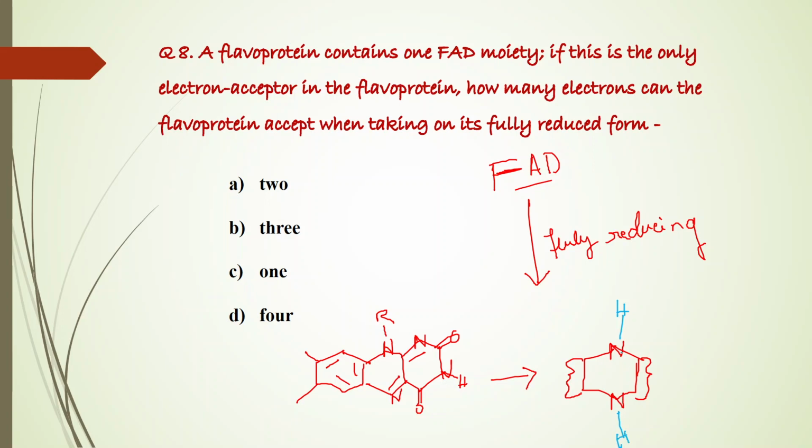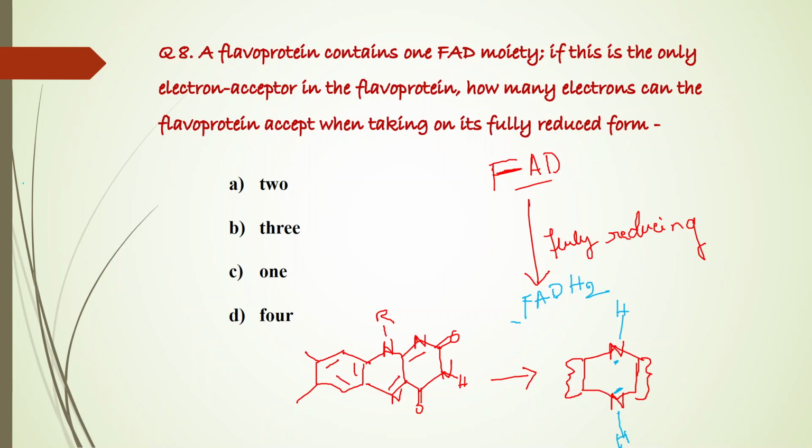That means two hydrogens are involved in the reduction of FAD. These two positions get reduced. So once you reduce FAD, you will end up with what? FAD with two hydrogens now. So you have your FADH2. So the conversion is FAD to FADH2.